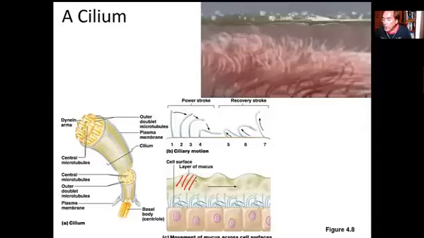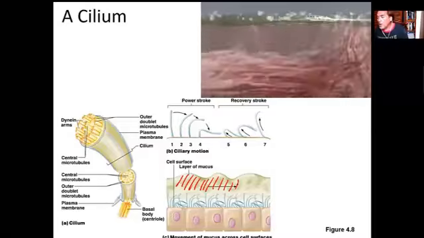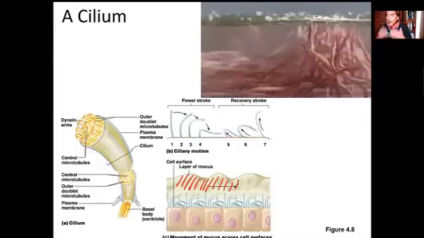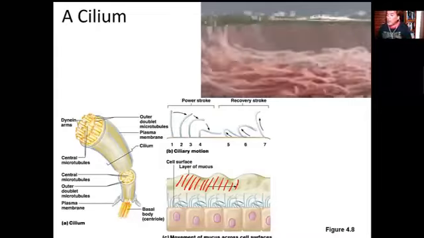So cilia is actually an extension of the respiratory tract because in your respiratory tract, on top of it is a layer of mucus. You always have mucus there because every time you breathe air, you're actually breathing dust, okay? So when you breathe dust, the dust will be trapped in that mucus, okay?